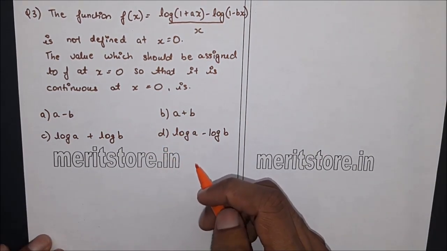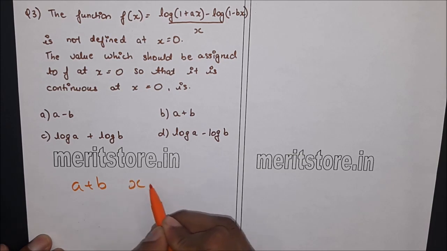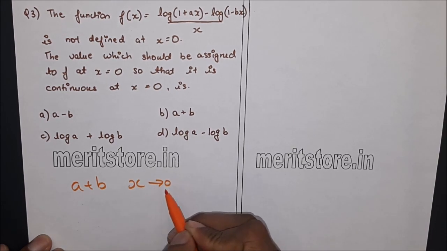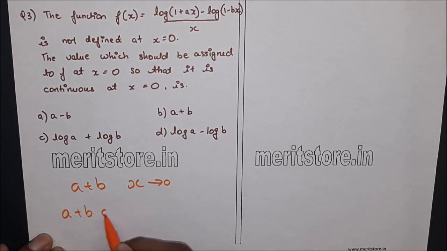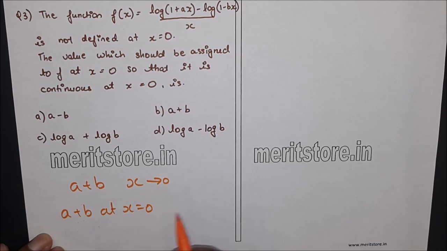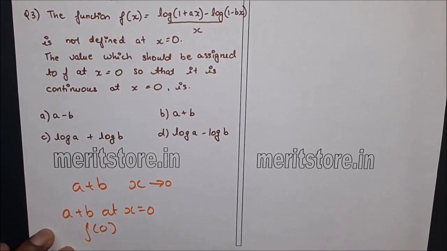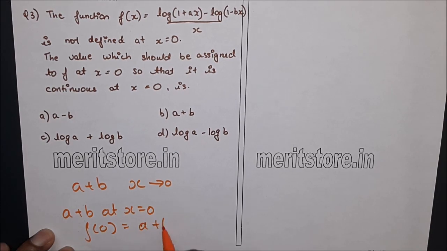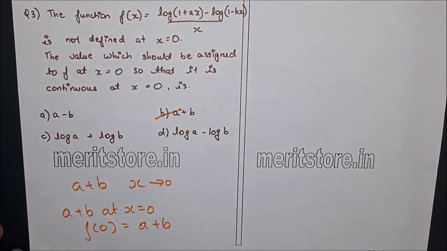Since the limit of the function is a + b as x approaches 0, therefore to be continuous, its value must be a + b at x = 0. Therefore f(0) = a + b, which matches option B. Therefore option B is the correct answer.